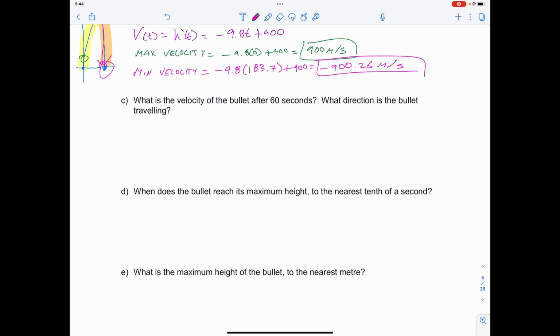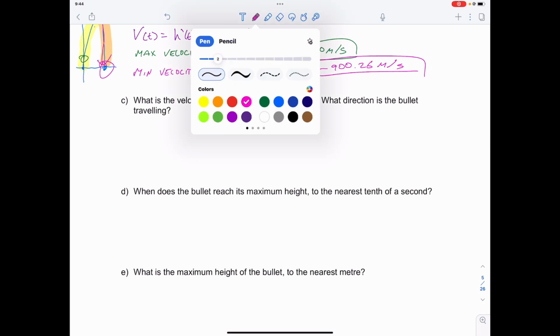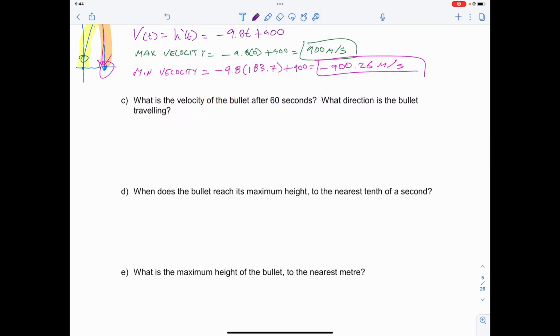For part C, it says, what is the velocity of the bullet after 60 seconds and what direction is the bullet traveling? Well, the velocity at 60 seconds is equal to negative 9.8 times 60 plus 900. When I put that in, I'm going to get 312 meters per second. When it says, what direction is the bullet traveling?